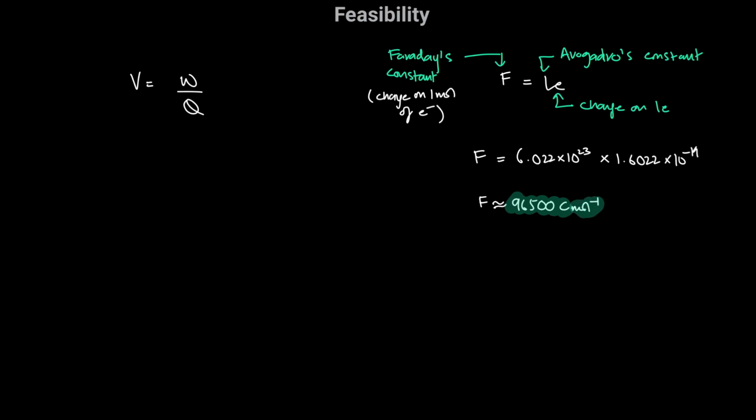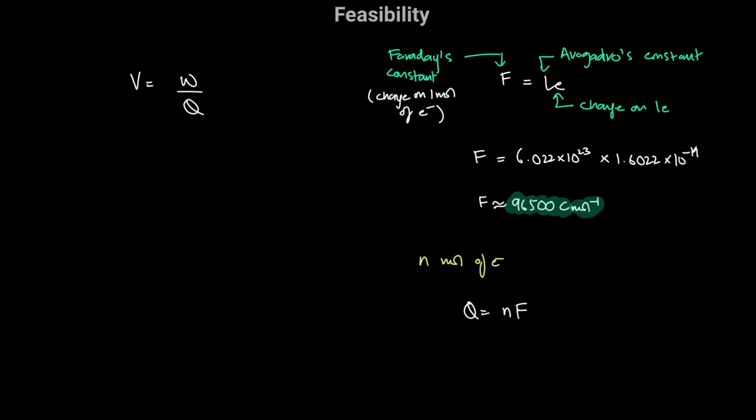The next relationship is that if in a redox reaction I had n moles of electrons being exchanged, the charge is equal to the number of moles of electrons times Faraday's constant.